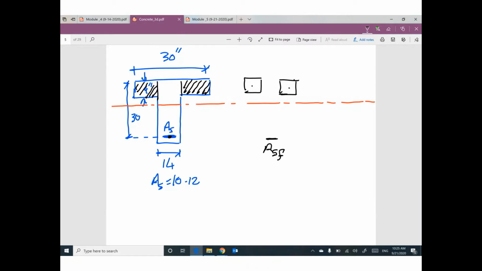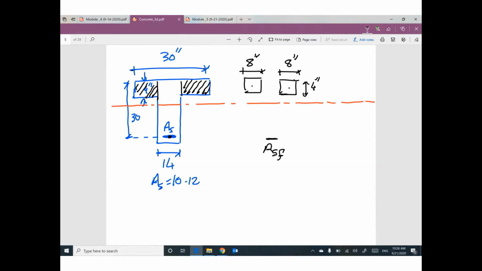Can anybody tell me the length of this width? The total width is 30. If you subtract 30 minus 14 and divide by 2, this one will be 8 inch and this one will be 8 inch, and the thickness is 4 inch.